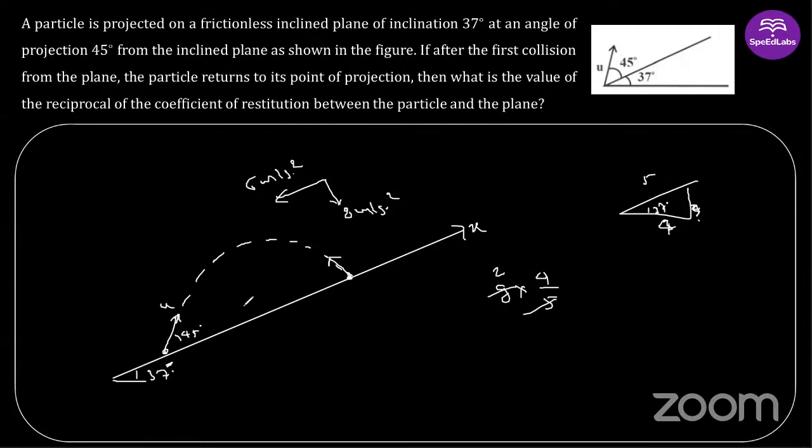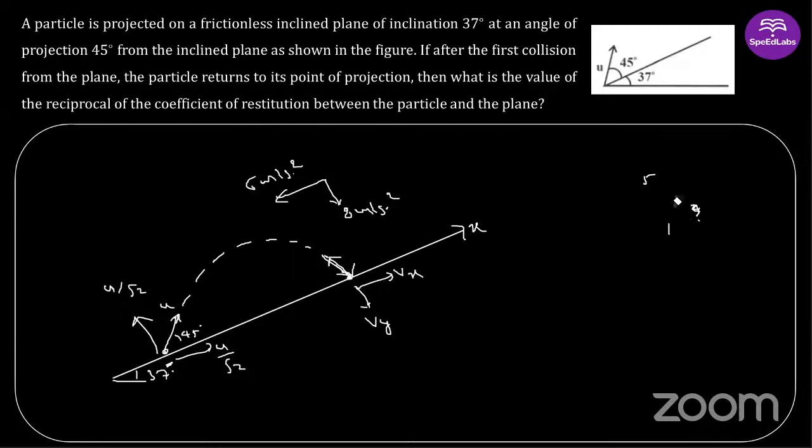Now let us get the velocity. This velocity was u by root 2 and this velocity was u by root 2. What is the final velocity when it is hitting? Let's say this velocity is vx and this velocity is vy, and the time taken is capital T. I'm taking this direction as positive and this as negative.